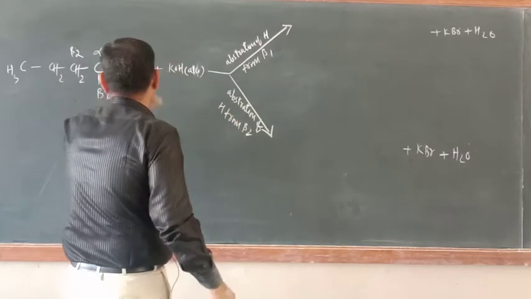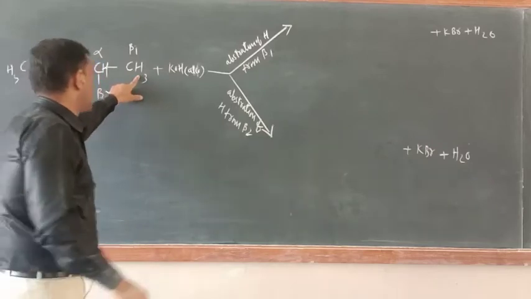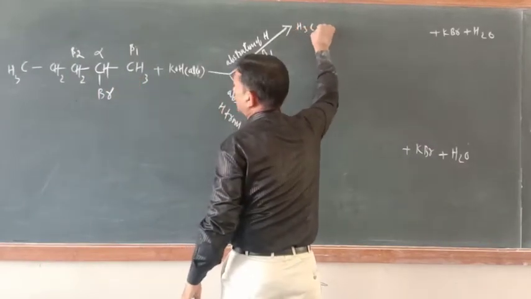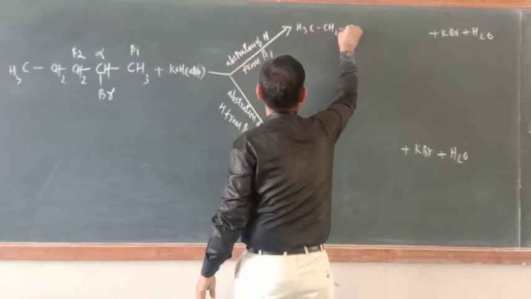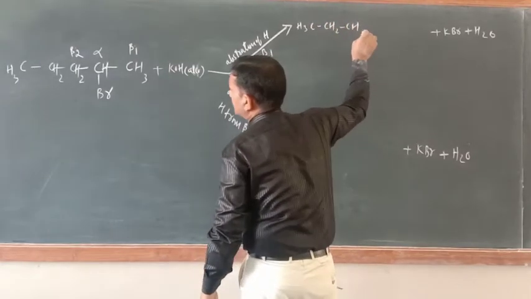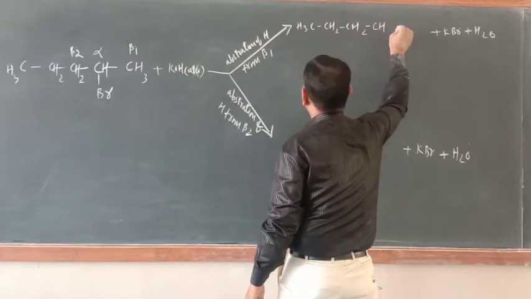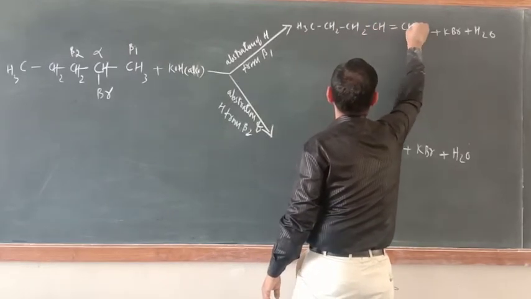So first beta 1 H will be abstracted from here. So the product is CH3, here CH2, here also CH2, here what is there? CH, here double bond CH2.